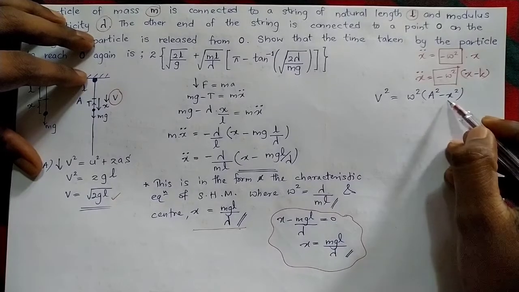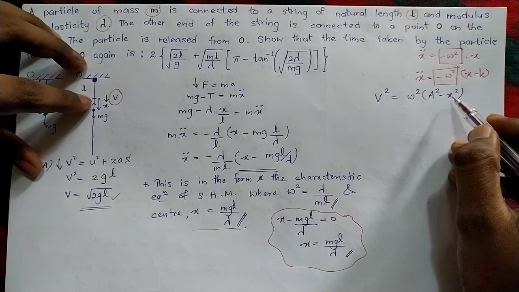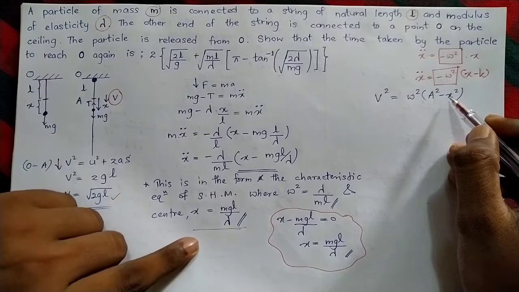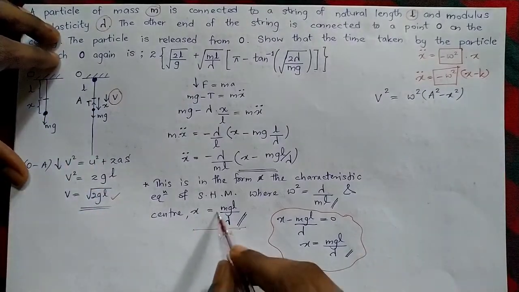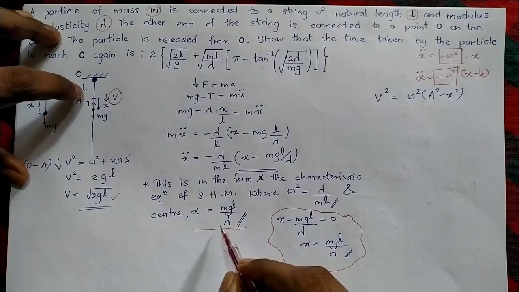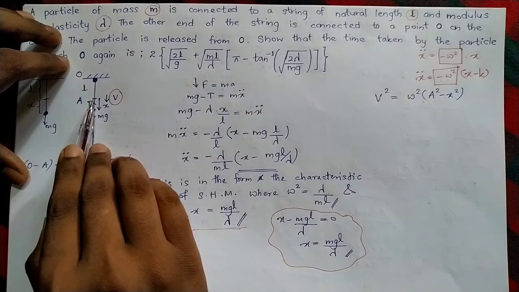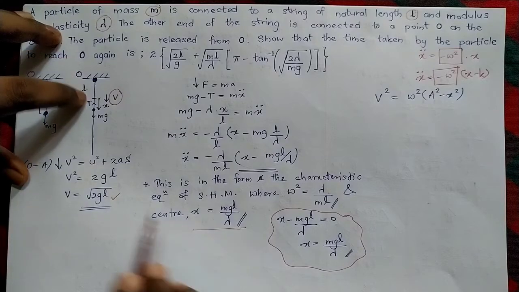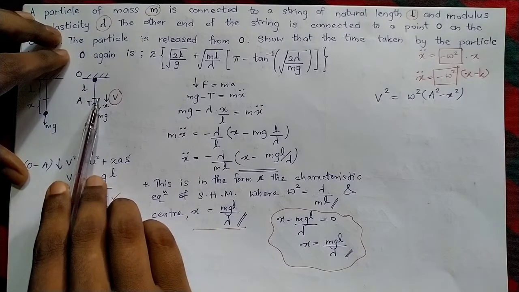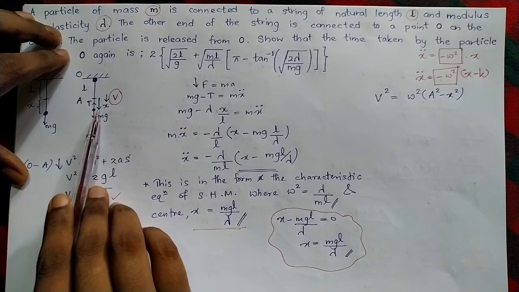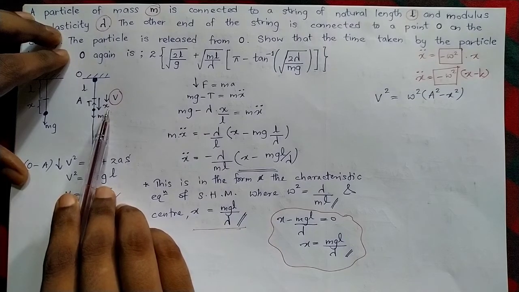So this is the separation of the particle from center. The center is mgl over lambda below A, because x is measured from A. This arrow indicates x.